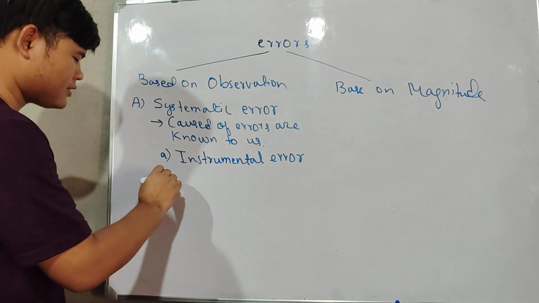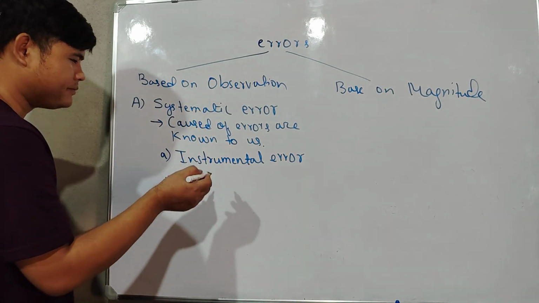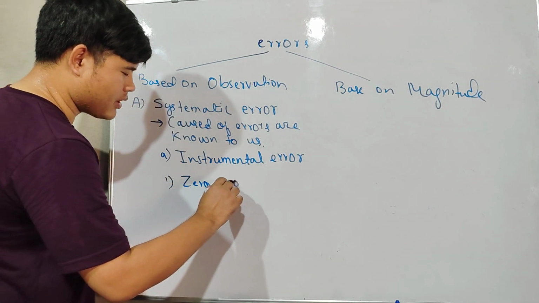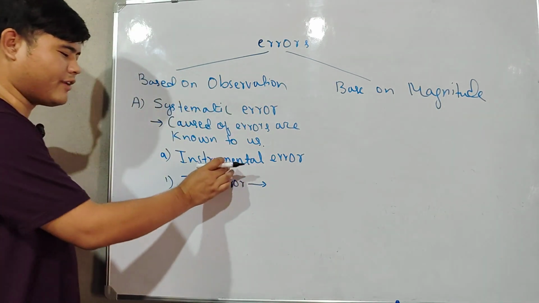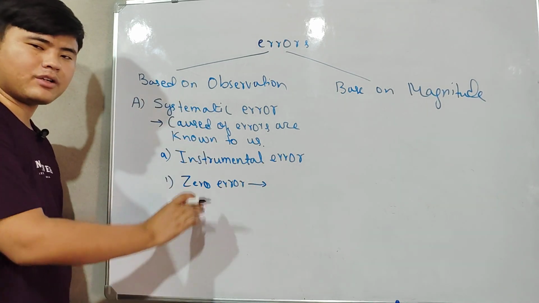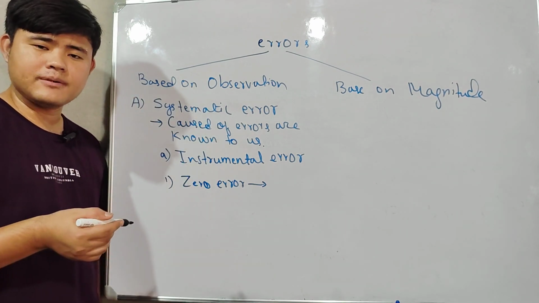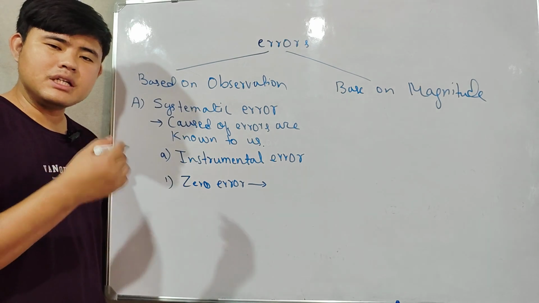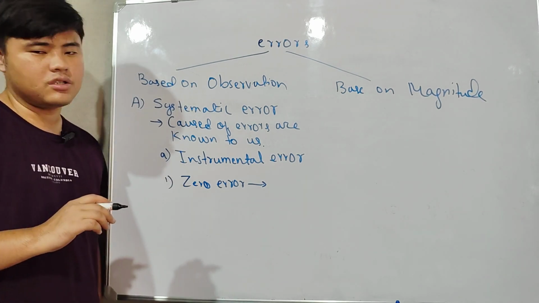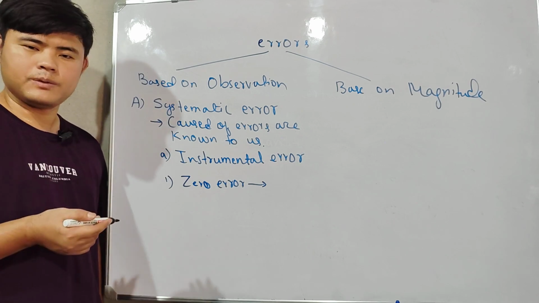Now in instrumental errors, we have the subtopic zero error. Zero error means what? Instrumental error means a defect, and we will see what the defects are. Sometimes the initial reading is not zero, and because of that we do not get the true value in the final result.